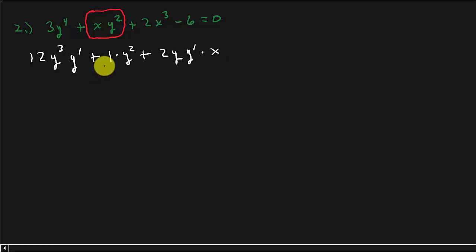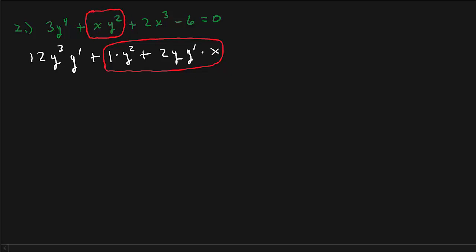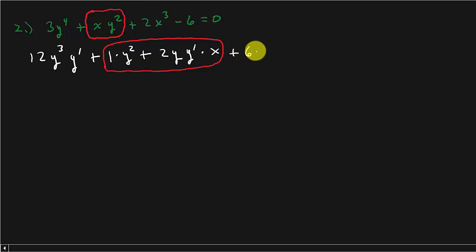So look, all of this is the derivative of this term right here, using the product rule. Now let's take the derivative of the rest of the terms. The derivative of 2x cubed is 6x squared, minus the derivative of 6, that's 0, equals the derivative of 0, which is 0.